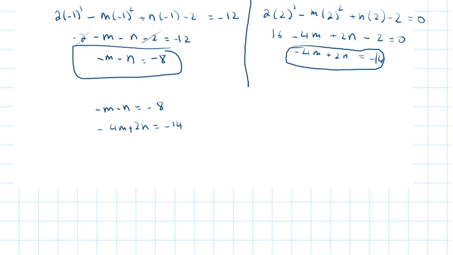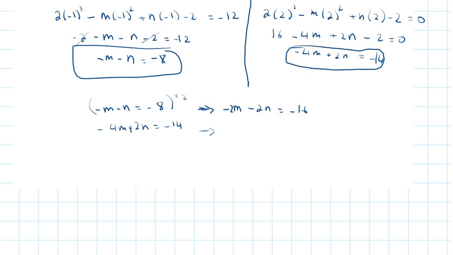So negative m minus n equals negative 8, and I have negative 4m plus 2n equals negative 14. In order to use elimination, I need to have the same coefficient but with different signs. So I can multiply this whole thing by 2, because then I can eliminate the n.